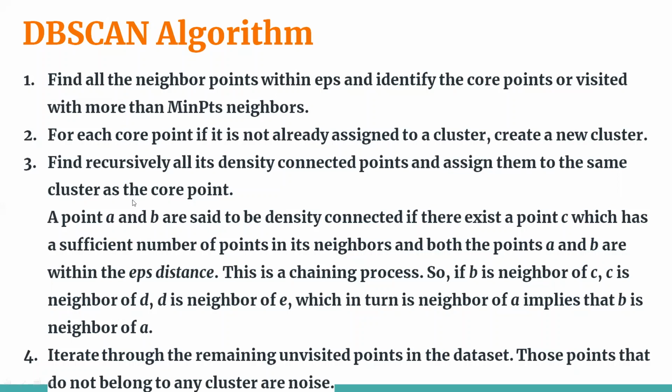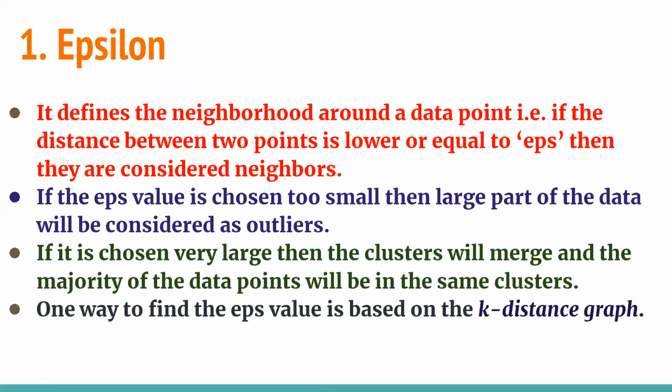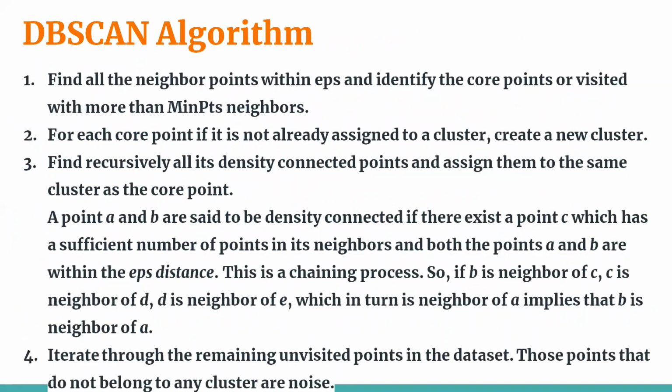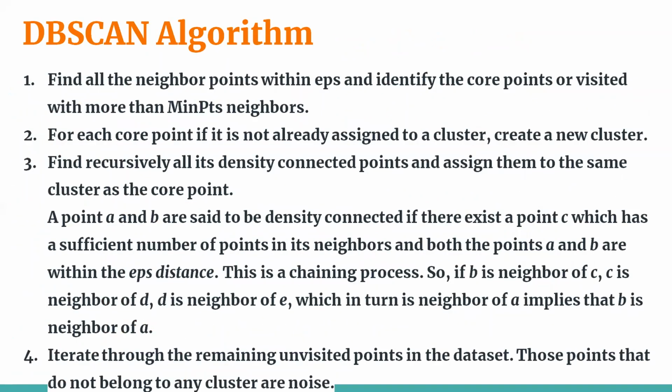So this is a very simple algorithm. If you know 5 definitions, those are epsilon, min points, as well as core point, border point, and noise. So simple is the DBSCAN algorithm. Initially you need to find out the core points, and after finding the core points, you need to add them to a cluster.